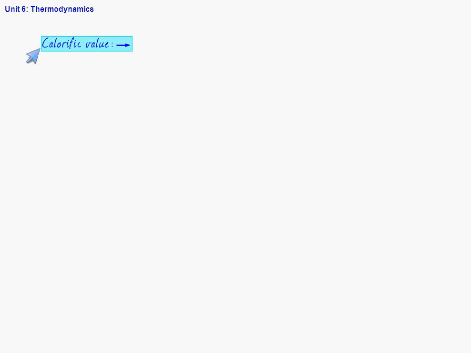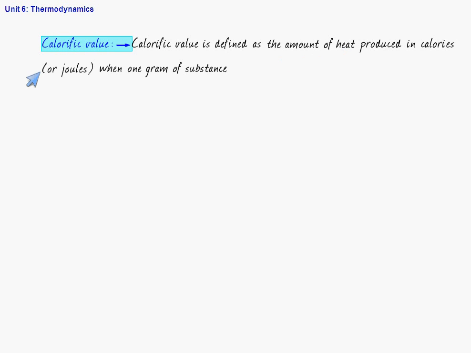Calorific value is defined as the amount of heat produced in calories or joules when 1 gram of a substance is completely burnt. I repeat, calorific value is defined as the amount of heat produced when 1 gram of a substance is completely burnt. Calorific value is usually expressed in kilocalorie per gram or kilojoule per gram.